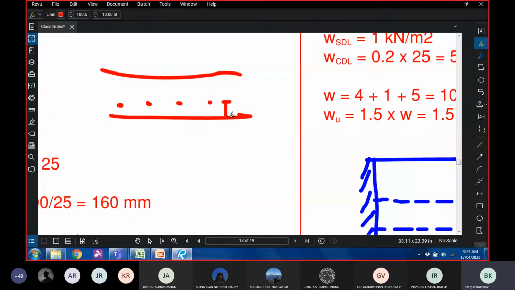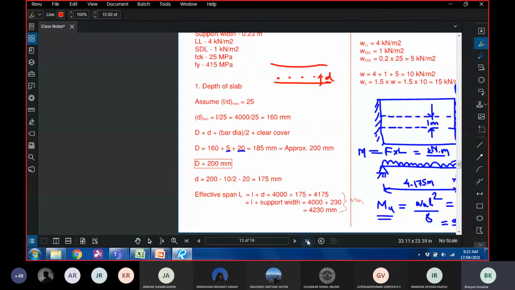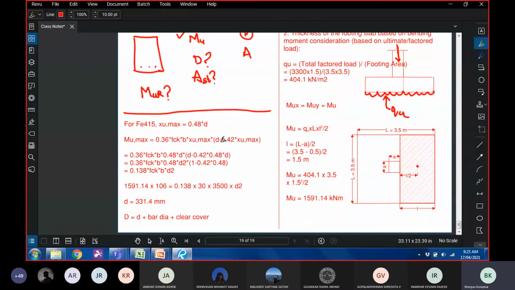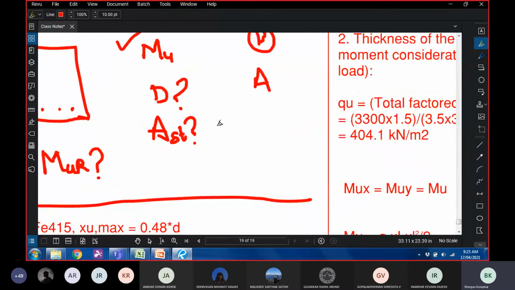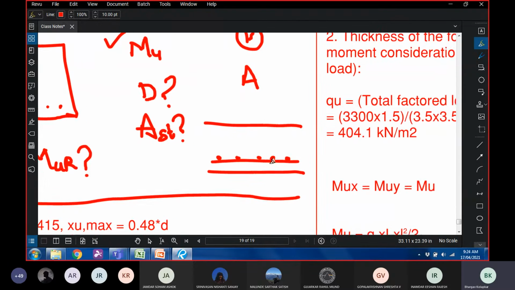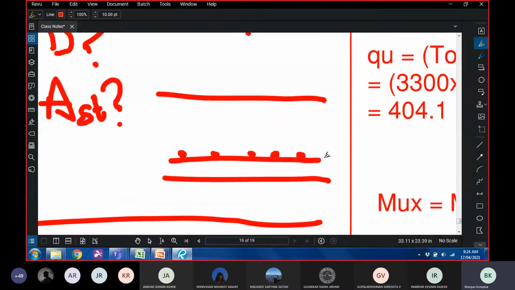Therefore when we calculate d, it's half the rebar plus clear cover. But here we provide reinforcement in both the directions. So what we effectively have is, this is our section, this is our reinforcement in one direction, and this is our reinforcement in the other direction. And both of them are main reinforcement. There's no difference here.